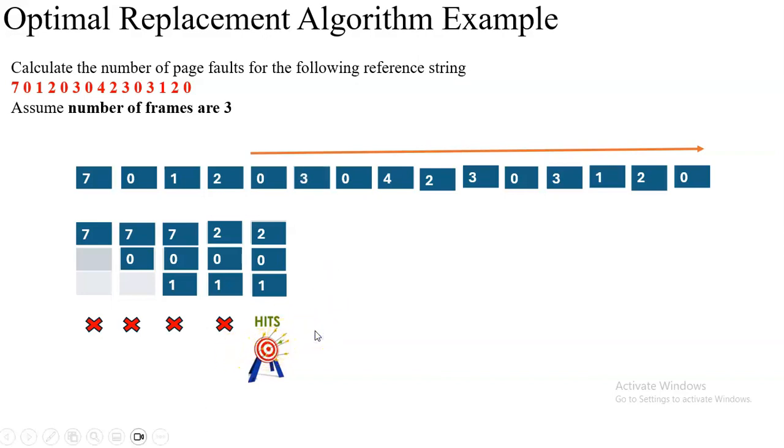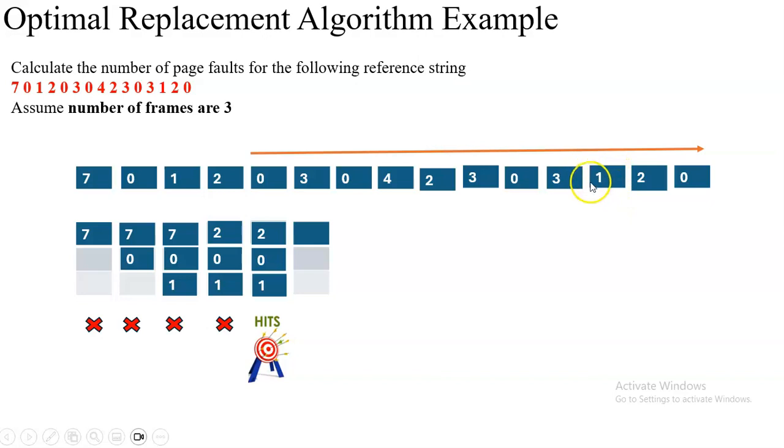Then comes 3. Again, check the contents. 3 is not there. Then we have to check the string in the forward direction. Out of 2, 0, 1, which particular page will not be used for the longest period of time? 0 comes immediately after 3, so 0 cannot be replaced. 2 comes again, and the last one that comes is 1.